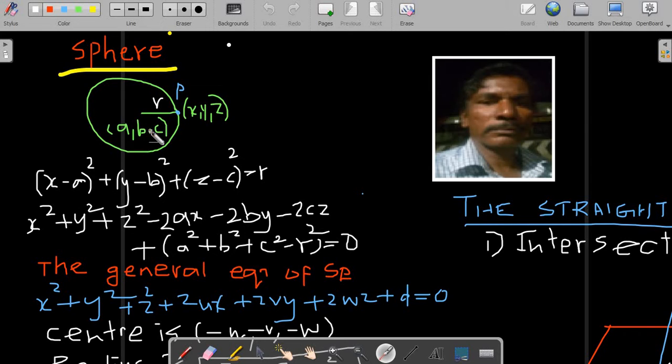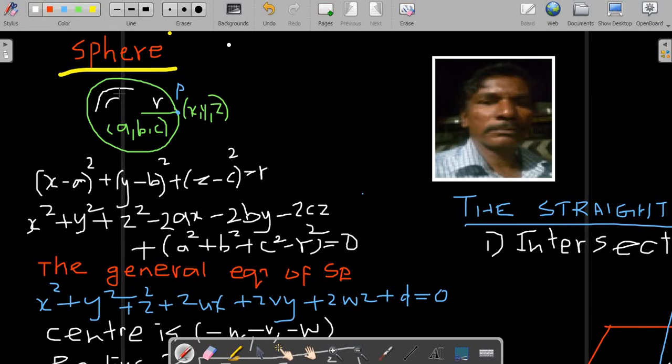A comma B comma C is the center point, and this is the moving point, that is a surface point. This is looking like a circle, but you must note that it is not a circle, it is like a sphere. That's what you have to understand.